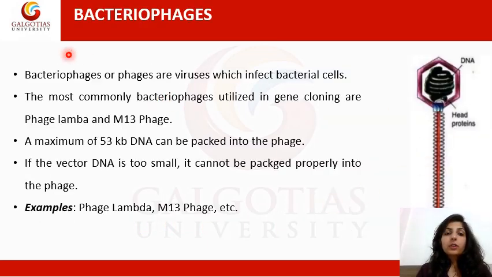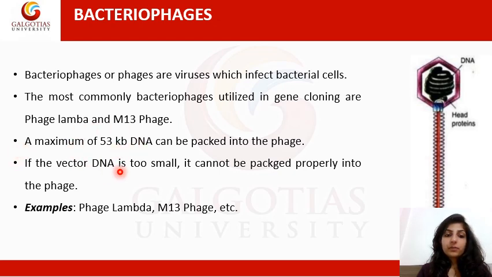Now if we talk about bacteriophages, this is the structure of a bacteriophage. Bacteriophages or phages are viruses which infect bacterial cells. The most commonly used bacteriophages in gene cloning are phage lambda and M13 phage.